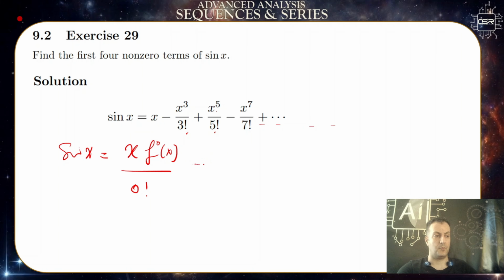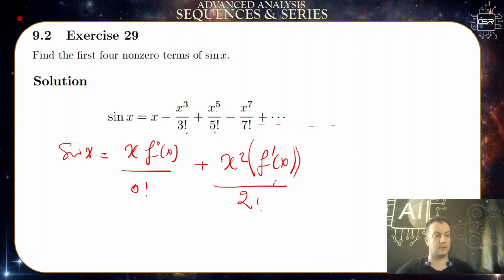Then plus x squared times f'(0), meaning the first derivative, divided by 2 factorial. The first derivative here is, yeah, of sine x, so the first derivative is over here.